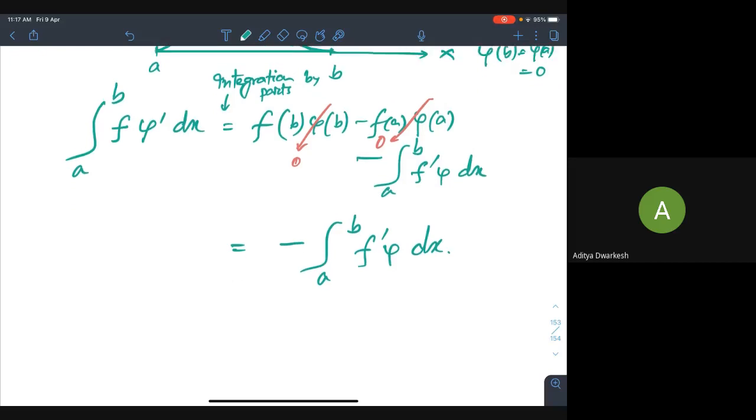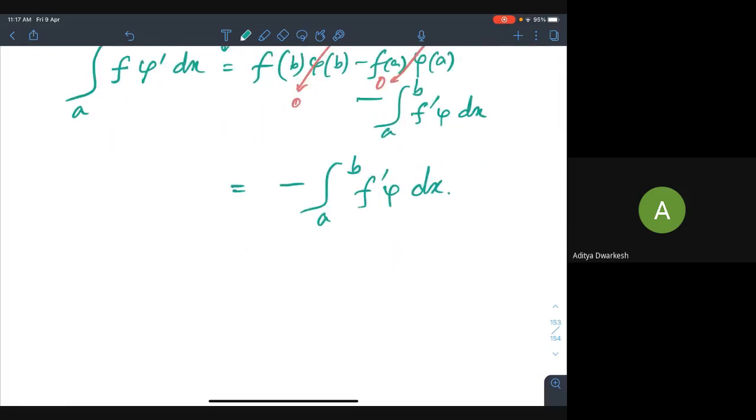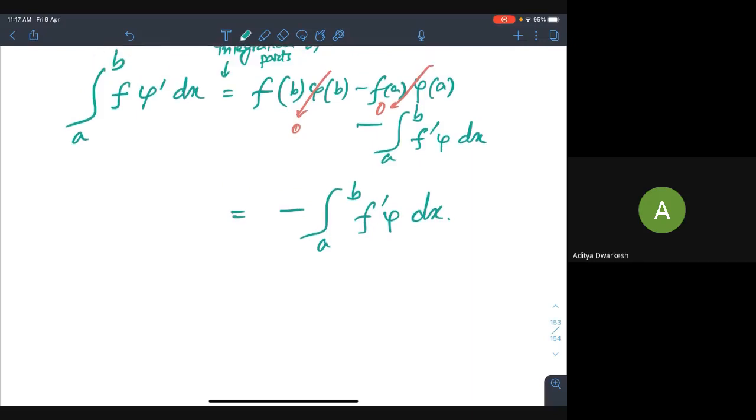But now this becomes a definition of derivative when f is not differentiable. So a sense of differentiation can be made.